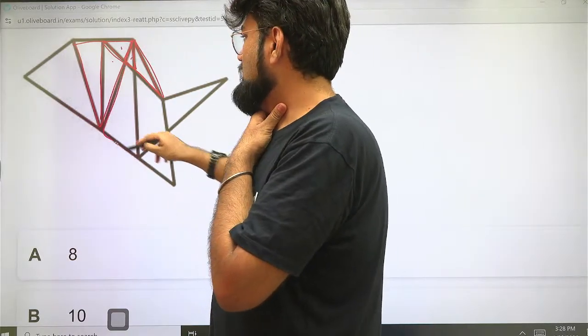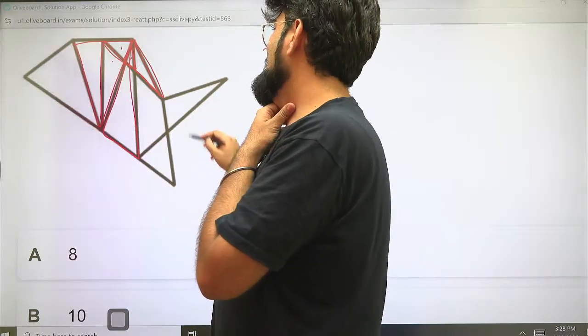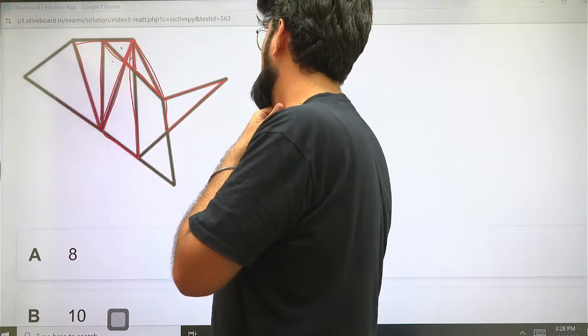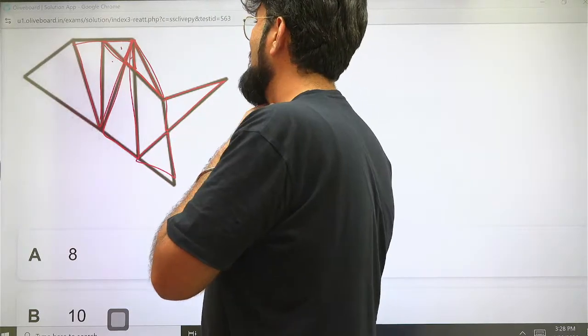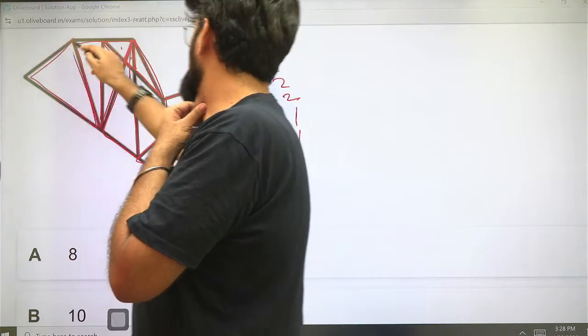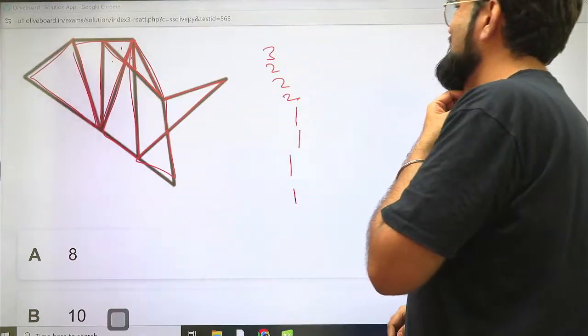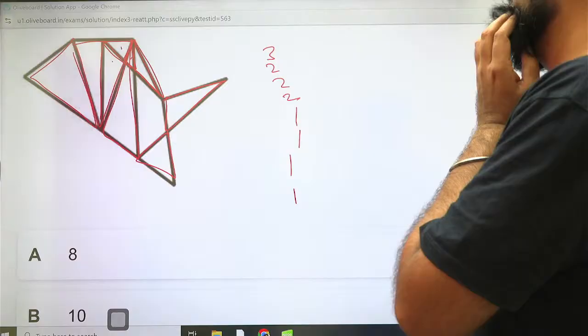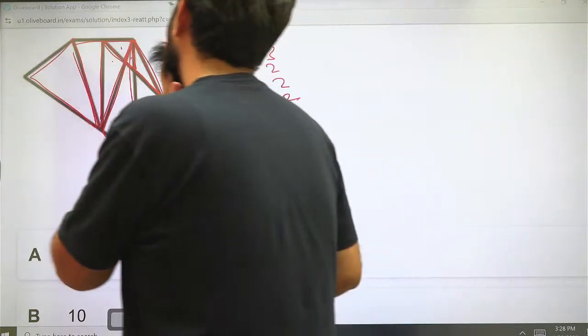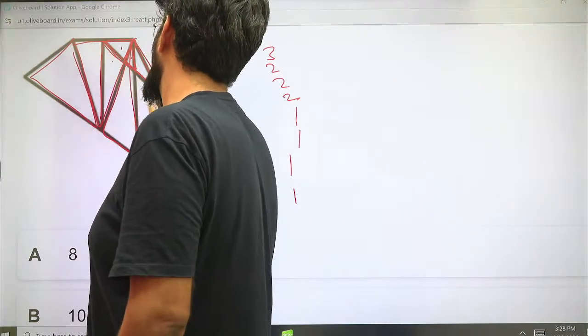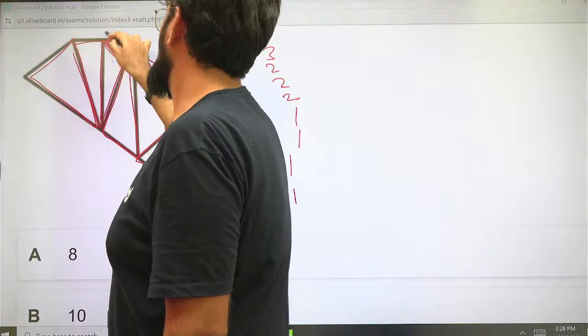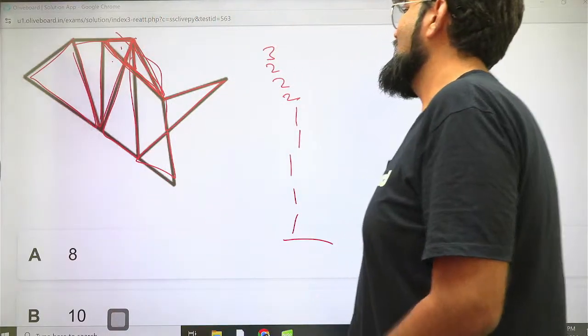Then this whole triangle, 1. Then this one, 1. This one, 1. This one, 1. How much is it? 6, 3, 9, 10, 11, 12, 13. Okay. Oh yeah, this full triangle. We did not count this one. 1, 14. Anything else?